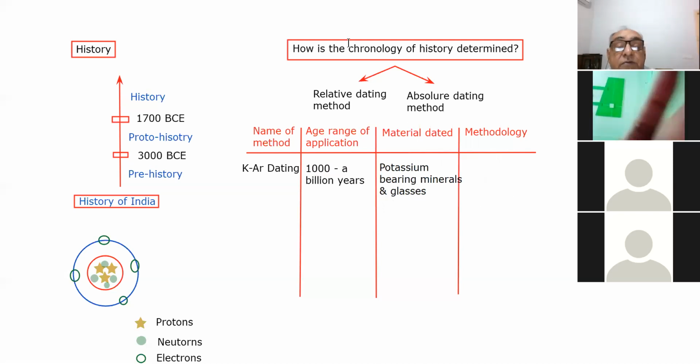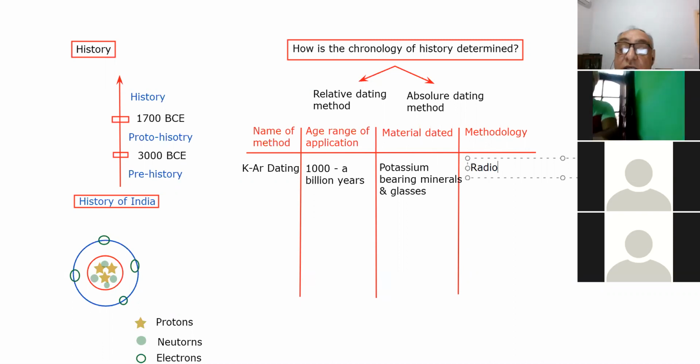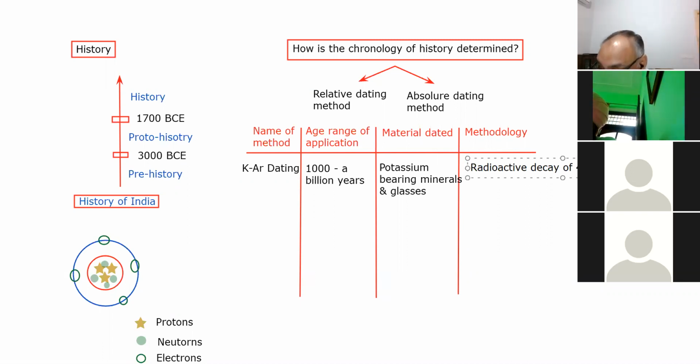So next, as far as the methodology is concerned, radioactive decay of potassium-40 isotope, 40K, into argon-40 isotope, means they decay into the rocks and minerals.